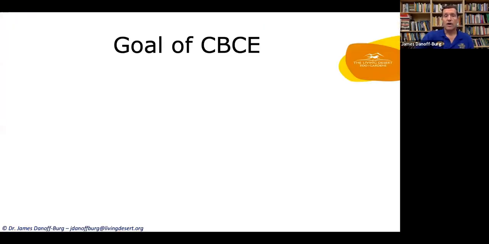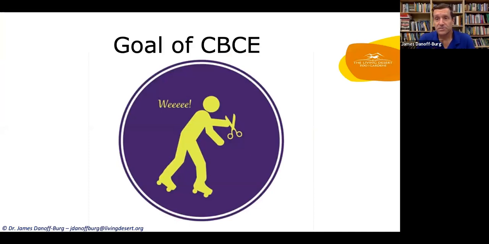Okay, so our goal is behavior change. For example, this is just a silly thing. There's a saying in Canada that skating with scissors is a very bad idea. I think that's generally applicable. It's roller skating with the skates on your shoes. So what would be the behavior change effort that we would want people to make?